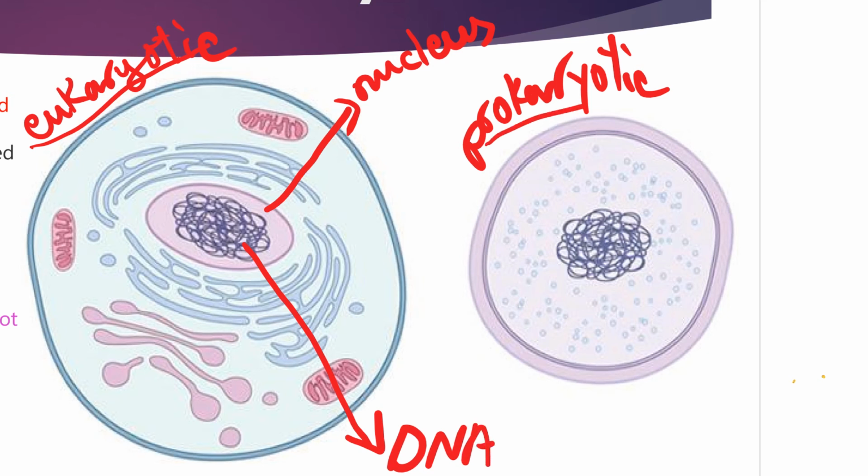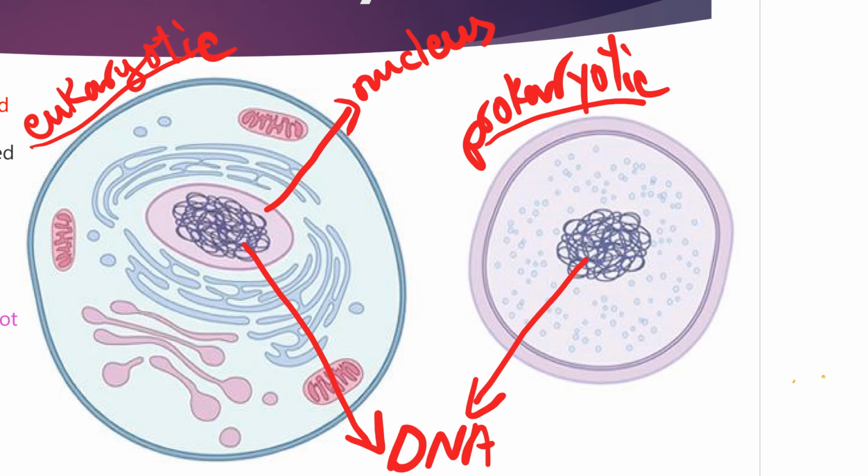The prokaryotic cell also has DNA. But notice that there is no membrane-bound nucleus. This DNA inside of the prokaryotic cell is not surrounded by any membrane.